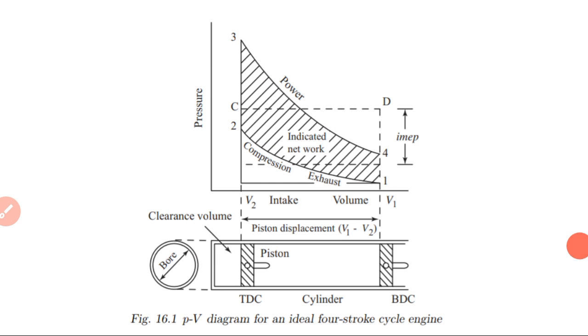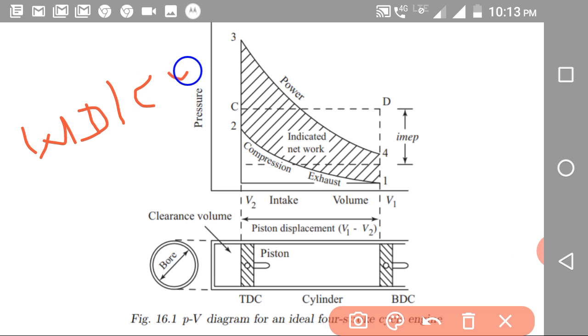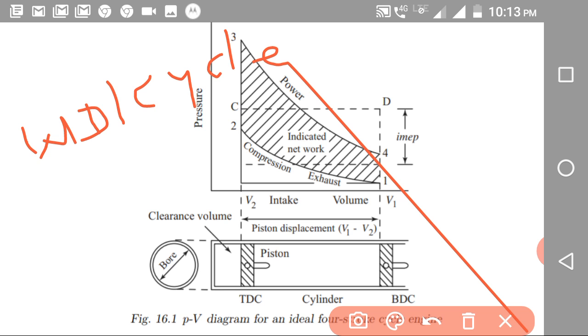So for one cycle, the work done per cycle is equal to mean effective pressure into stroke length into piston area.